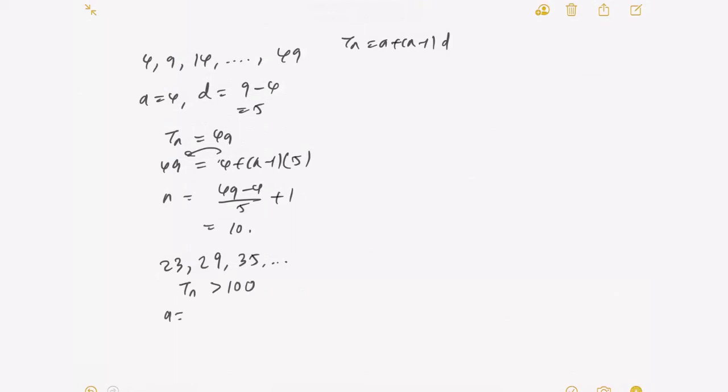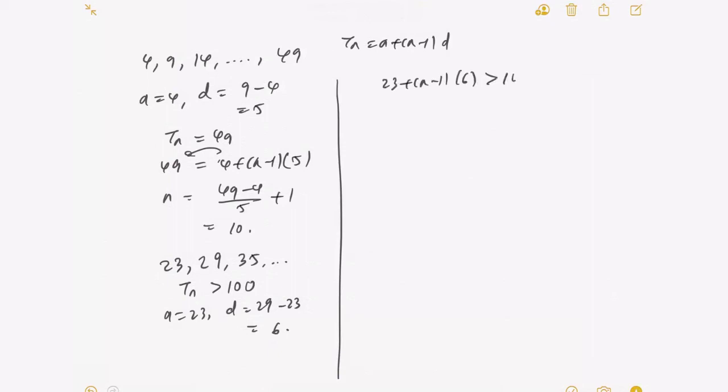So I know my a is 23. My d is 29 minus 23, which is 6. And my Tn is a plus n minus 1 d, and this value should be more than 100.